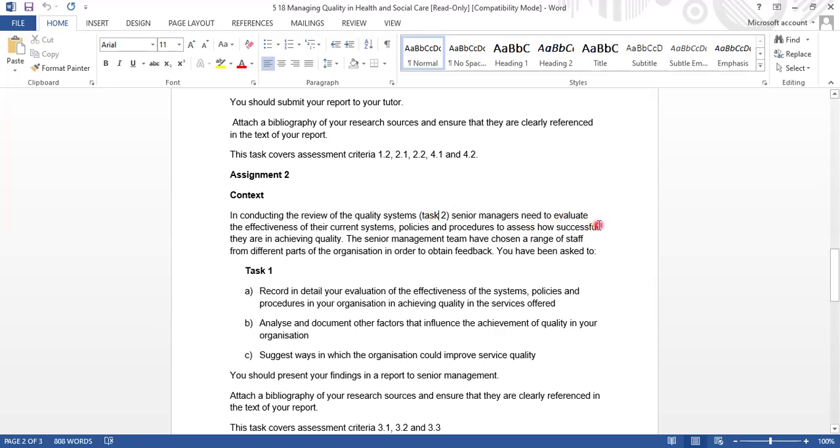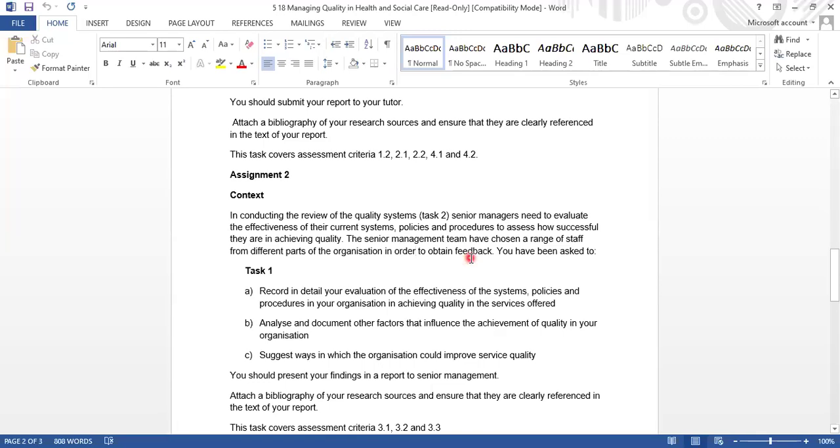The senior managers need to evaluate the effectiveness of their current systems, policies, and procedures in order to assess how successful they are in achieving quality. The senior management team have chosen a range of staff from different parts of the organization in order to obtain relevant feedback.